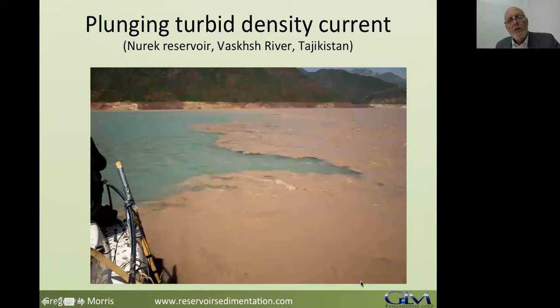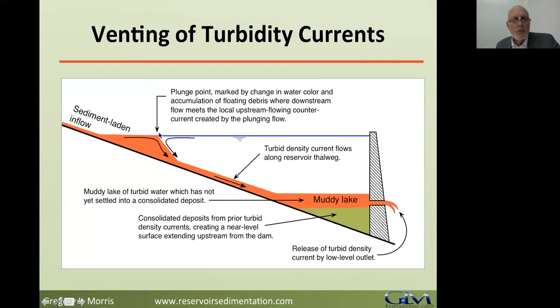Here is a photograph of Nurek Reservoir in Tajikistan. And this is the turbid water entering, and this is the plunge point. This is at this point right here. You have downstream flowing water, and this plunging water will also create a local countercurrent.